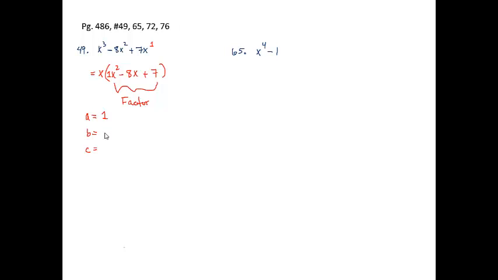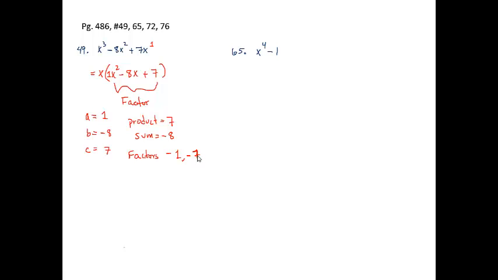Well, a is 1, b is negative 8, and c is 7. And that leads us to a product of 7 and a sum of negative 8. Therefore, the factors that multiply together to give you 7 but add together to give you negative 8 are negative 1 and negative 7.